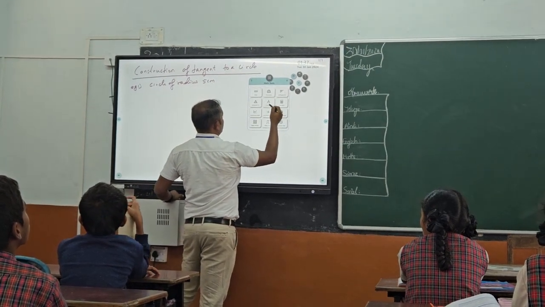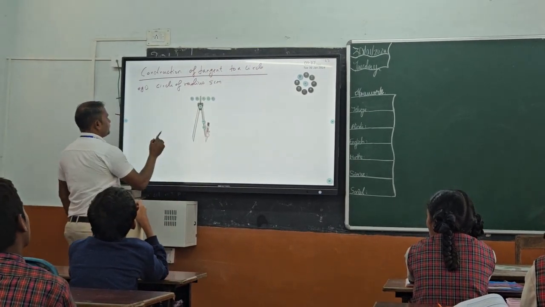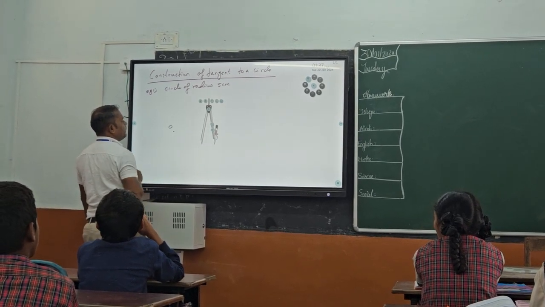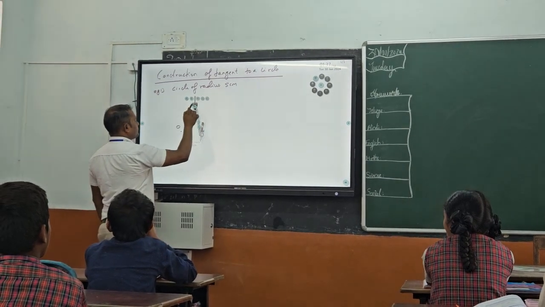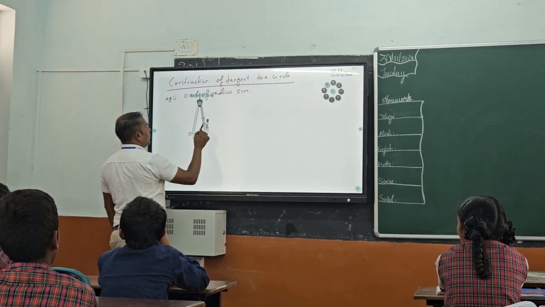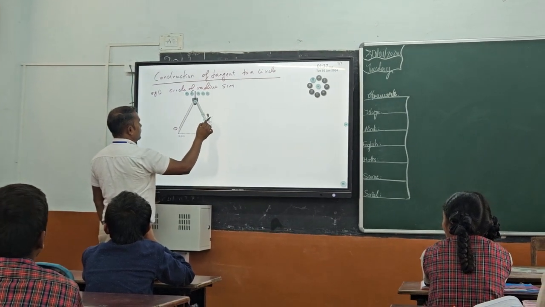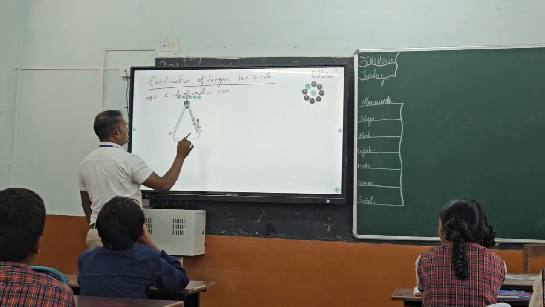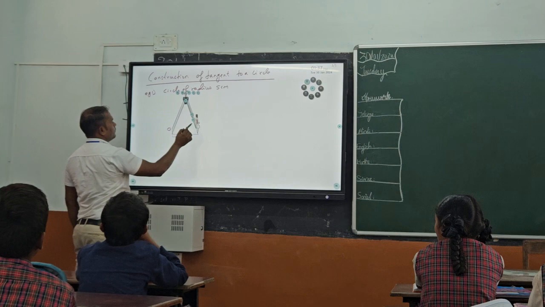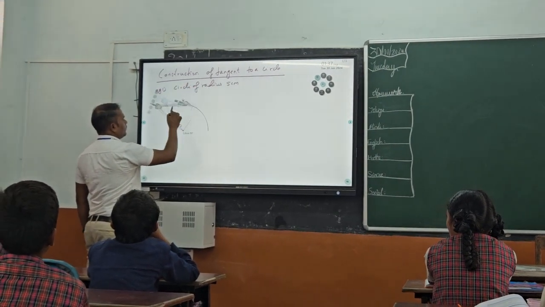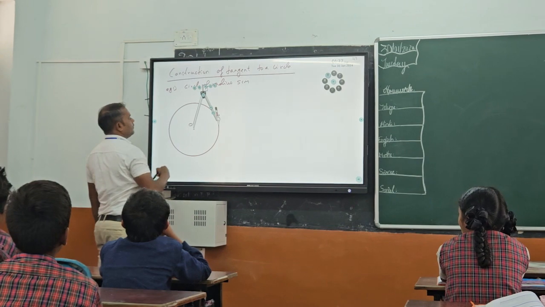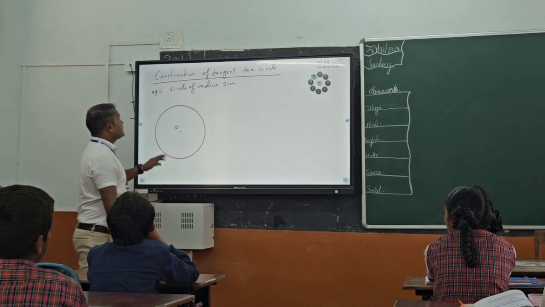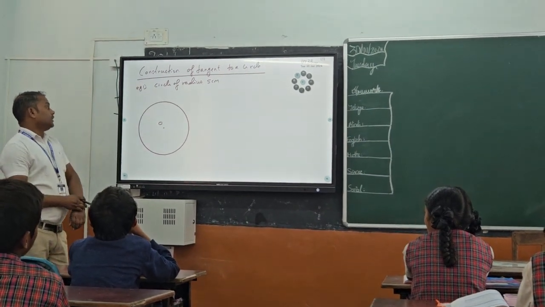Take a compass, keep the pointer on the center point, let it be O. The radius is 5 centimeters. So this is a radius of 5 centimeters. What are we constructing? Construction of a tangent to a circle.